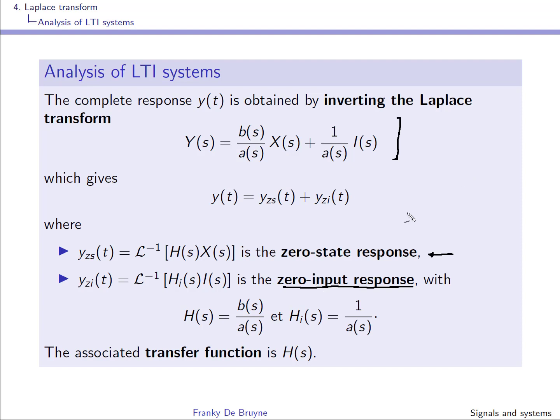Okay, so in French this is la réponse forcée, and in French again this is la réponse libre. So this one over here will be denoted H(s). This is the relation between the input and the output when the initial conditions are 0. So this is called the transfer function of the system.